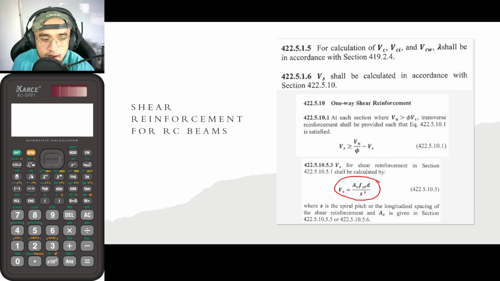And as you can see, in this particular equation, Vs is equal to Av fyt d divided by s. We are actually solving for the value of s. So, okay, what is Av? When we say Av, guys, this is the area of legs. So that is now pi over 4 times the diameter of stirrup squared times the number of legs.